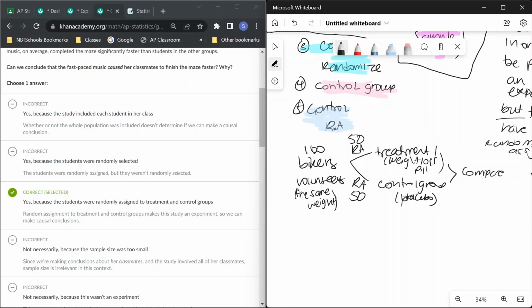Then they compare results, and they say the 50 assigned to treatment 1 lost more weight, or treatment 1 caused more weight loss for the bikers than, maybe not a placebo, maybe we can say an existing weight loss pill that they were already taking.